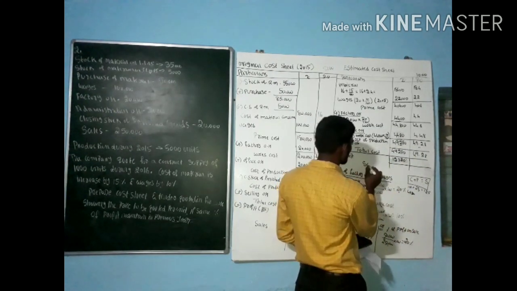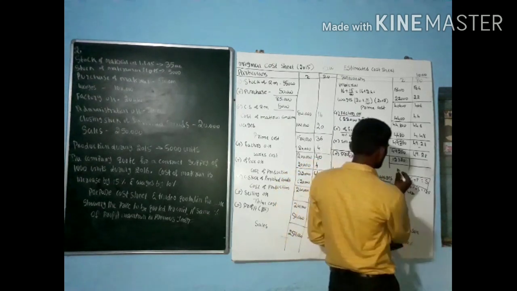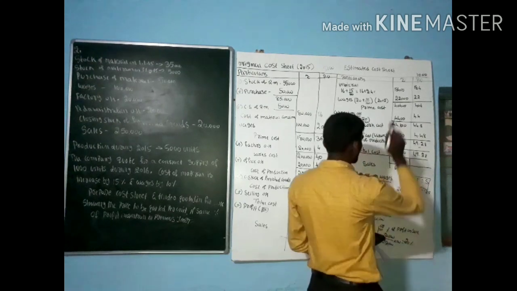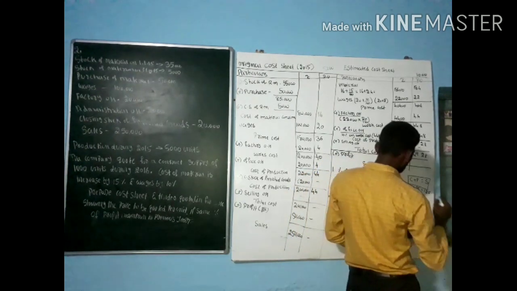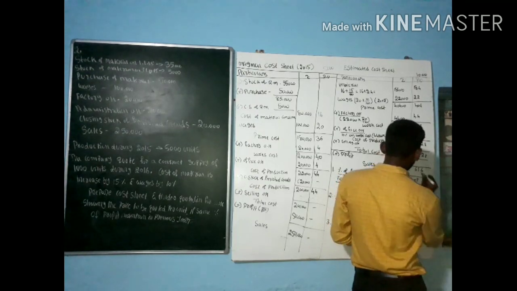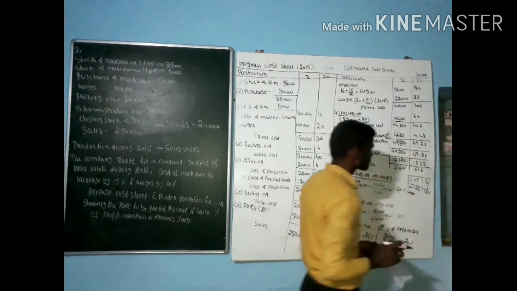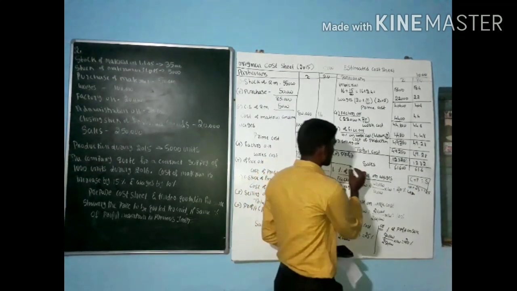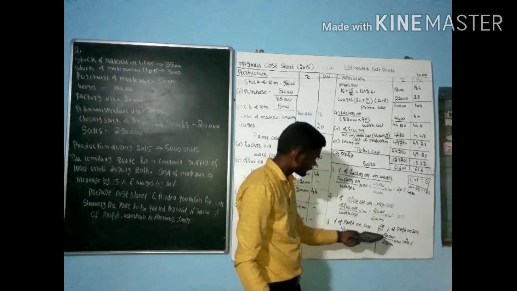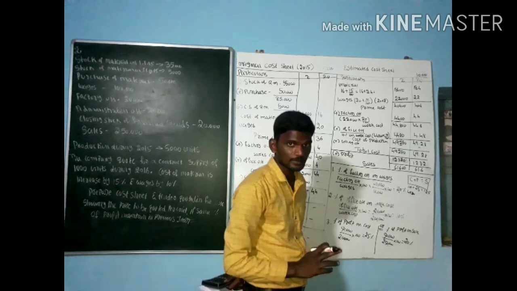So how much is sales now? Sales is 61,600. 61,600 divided by 1000, that is 61.6. The difference is 12.32. This is what we calculated for profit on cost, right?